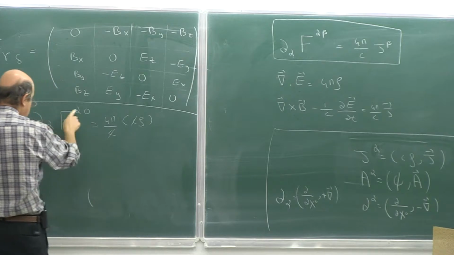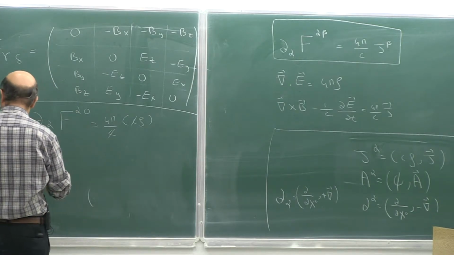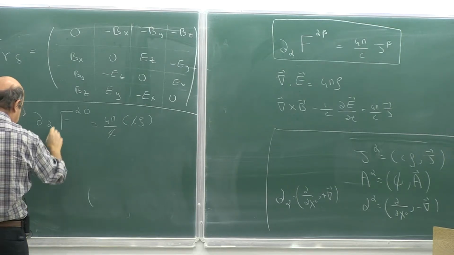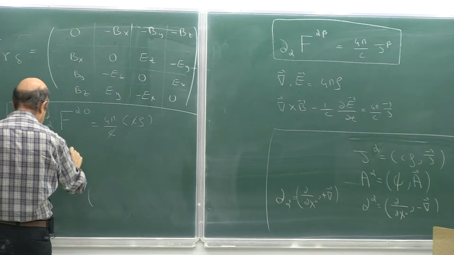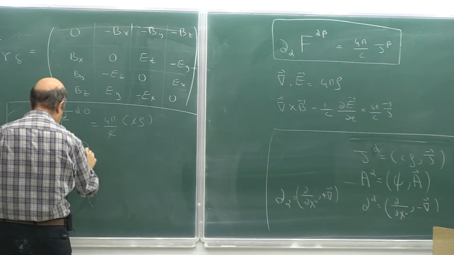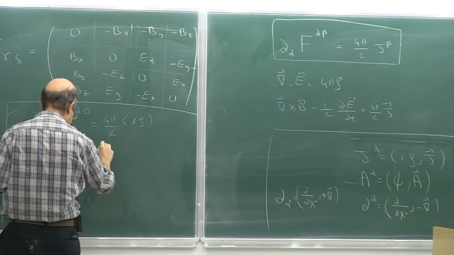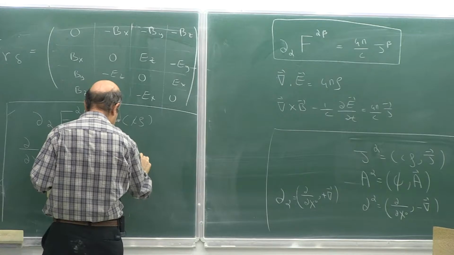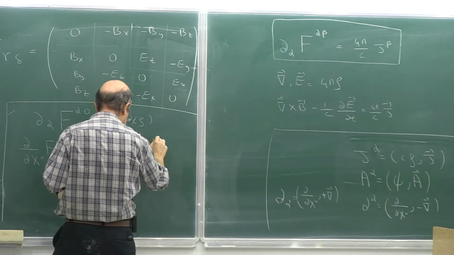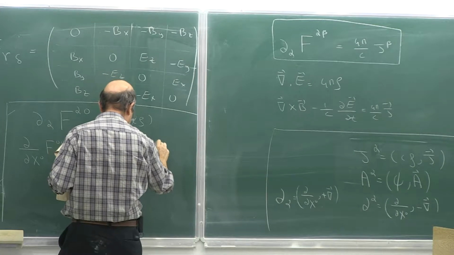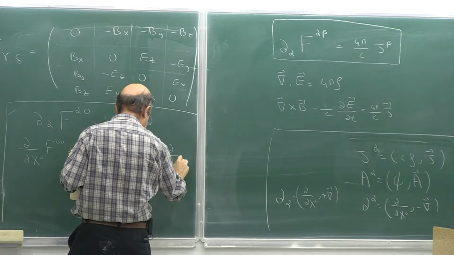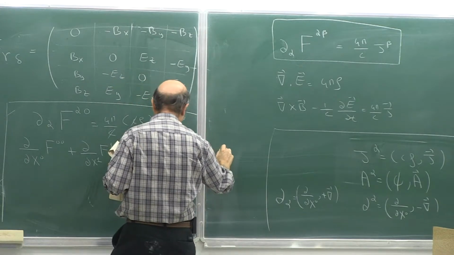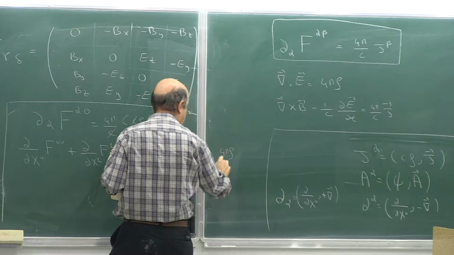And here is a contraction or summation. So the open form of this is del over del x0 F^{00}, the other part component del over del x1 F^{10}, del over del x2 F^{20}, del over del x3 F^{30} is equal to 4 pi rho.